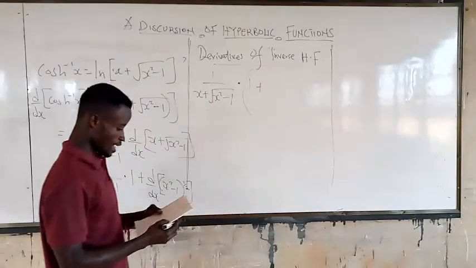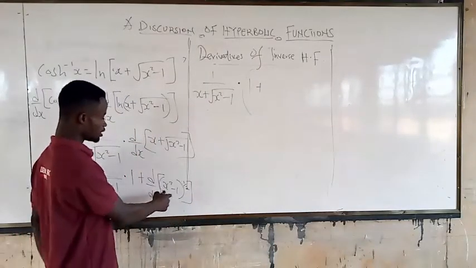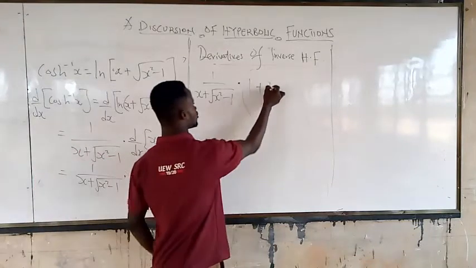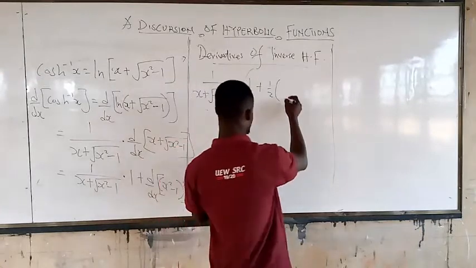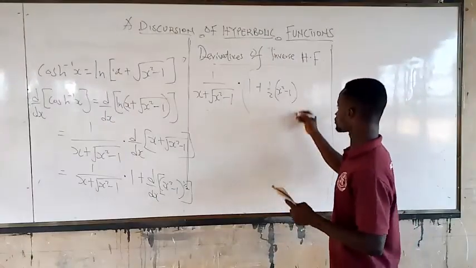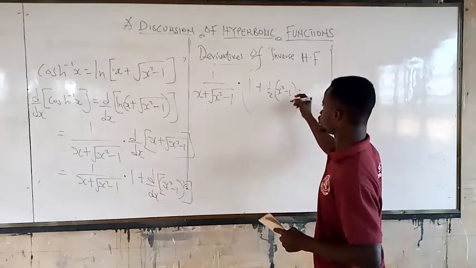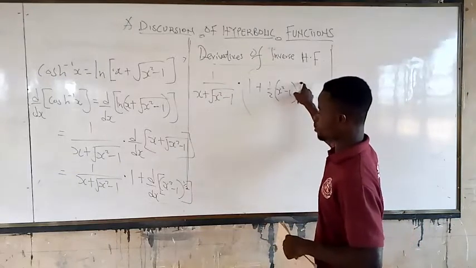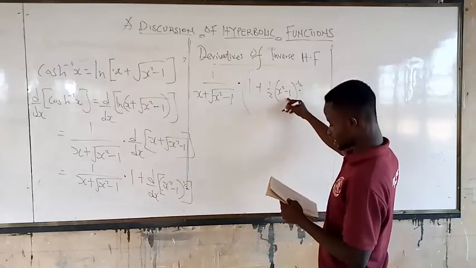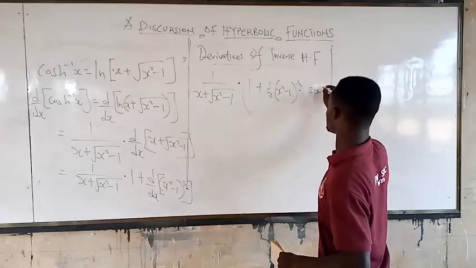Alright, so now let's see. What rule is that? General power rule. So half will multiply x squared minus 1. Then you subtract 1 from the power, and you get negative half. Then you take the derivative of the inside, and that is going to give you 2x.